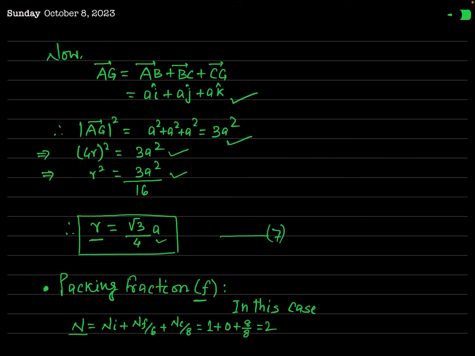In this case, there is a lattice point inside, at the center of the cube. So Ni in this case is equal to 1, but there is no lattice point at the center of the face. So Nf is 0, so the second term will be 0. And again, at each of the 8 corners, there is a lattice point. So Nc is 8. So this will be equal to 2. So in this case, n is equal to 2.